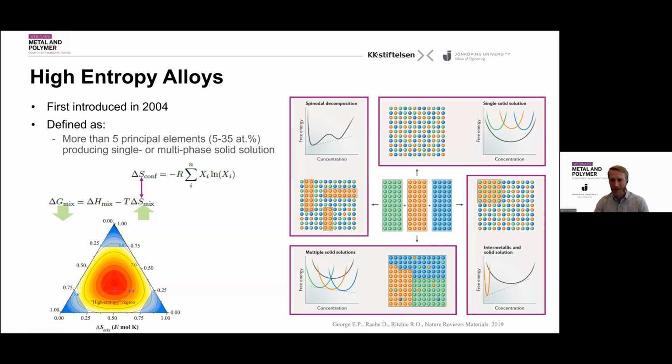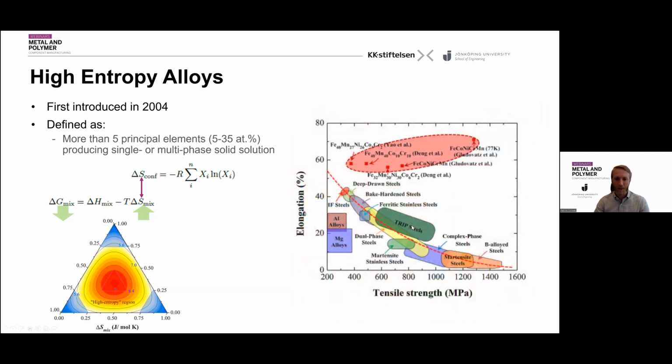All of these mixes of different atoms can give us some very nice properties. Quite a few studies into some of the more fundamental high entropy alloys have shown we are really breaking away from the traditional strength versus ductility trade-off, and we can start producing alloys with pretty exceptional strength and ductility.